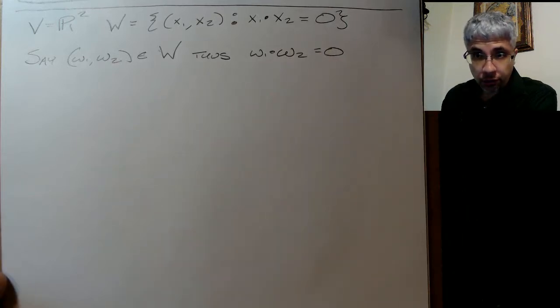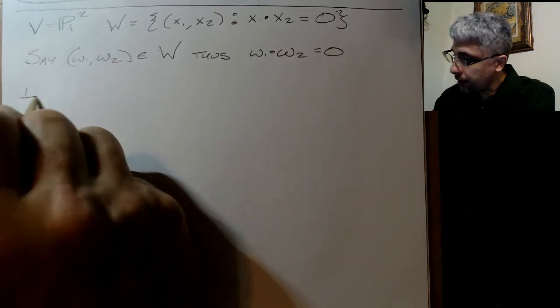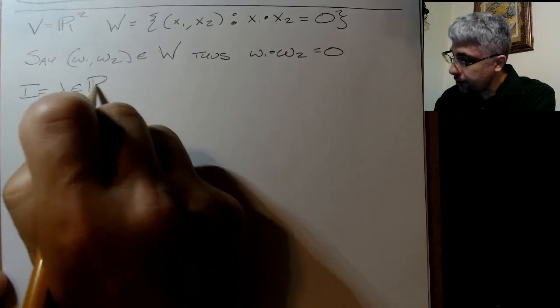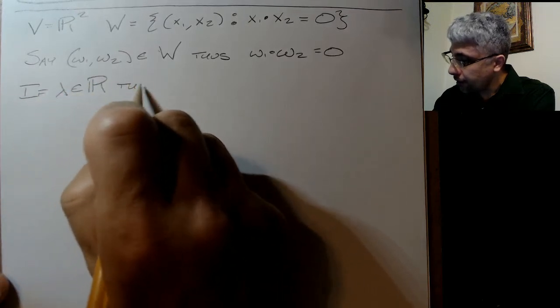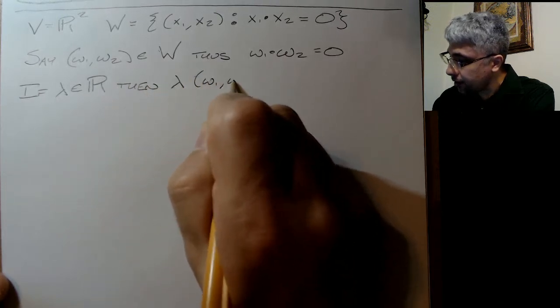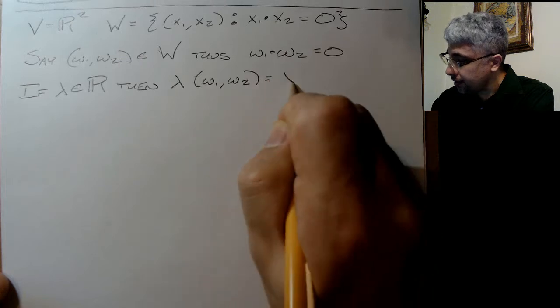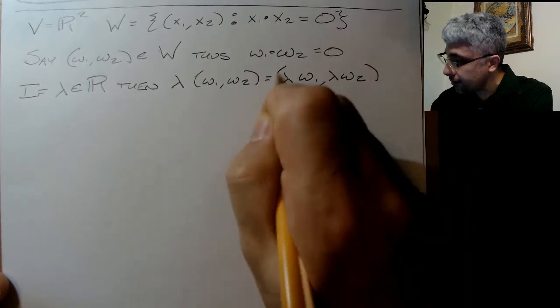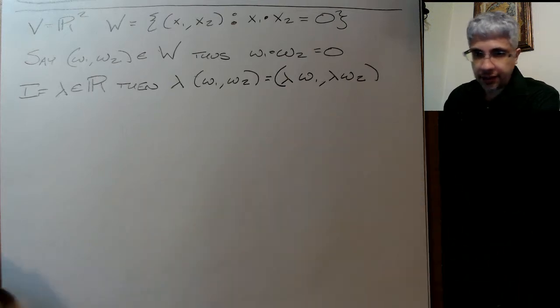Okay, now what do I want to show? If lambda is in our field, then lambda times (w1, w2) is equal to (lambda w1, lambda w2). That's how we define this on lists.